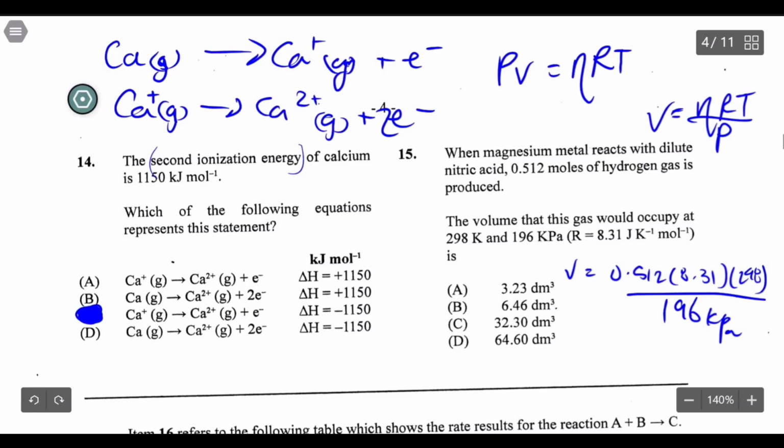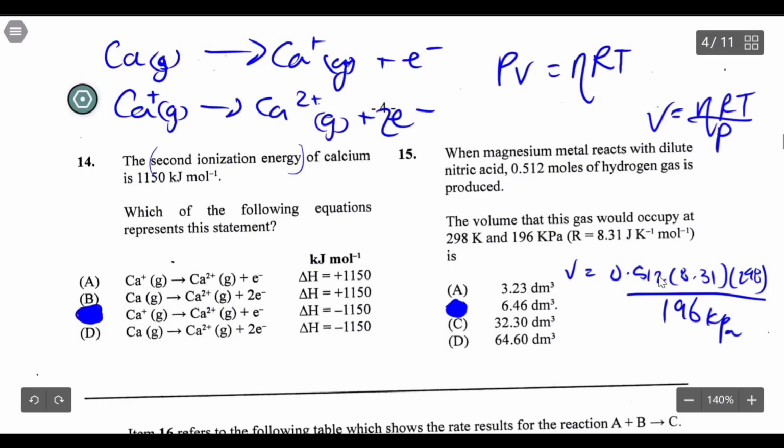That should give you your answer, which is 0.512 times 8.31 times 298 all over 196, and 6.46 or 6.89. So the closest answer would be B, 6.46 decimeter cube.